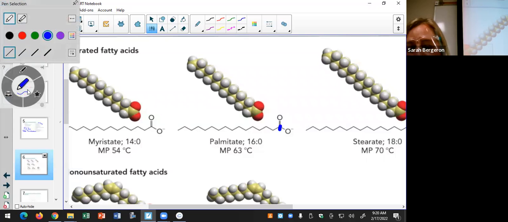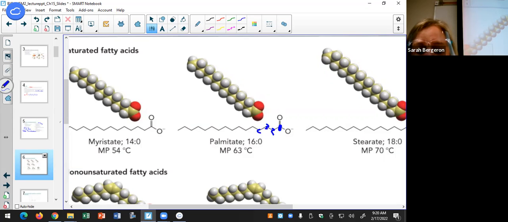Then we count 2, 3, 4, 5, 6, 7, 8, 11, 12, 13, 14, 15, 16, right? That last one is 16. So it's the number of carbons in the chain, including that carbonyl carbon. And then the 0 tells you that you have no double bonds, right?